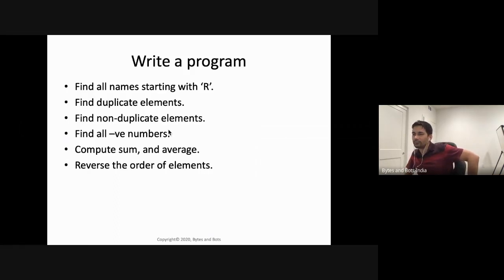Finding duplicate elements means you'll be given an ArrayList with a bunch of elements, but only two elements are duplicates in it, and the duplicates will always be adjacent to each other.